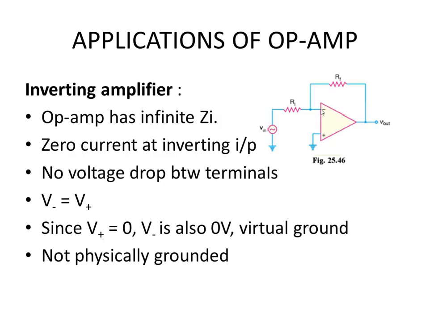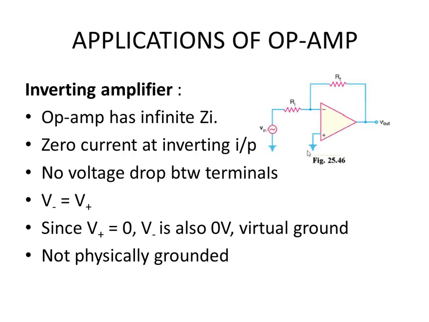Actually, this inverting terminal is not grounded. It is connected to the input resistance Ri and to the voltage source Vin. But even though it is not physically grounded, the voltage at the inverting terminal is 0 volt.